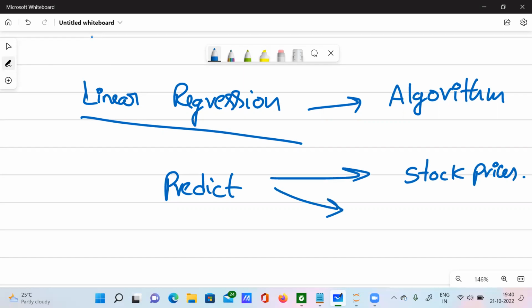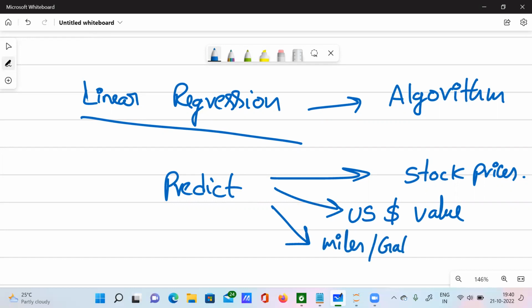We can also predict the US dollar value. You can also predict miles per gallon of a car. So these are all the things we can predict.